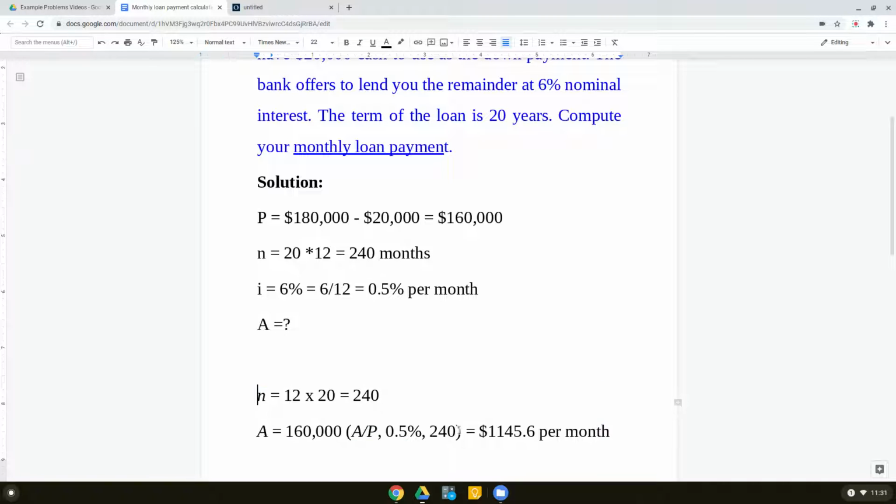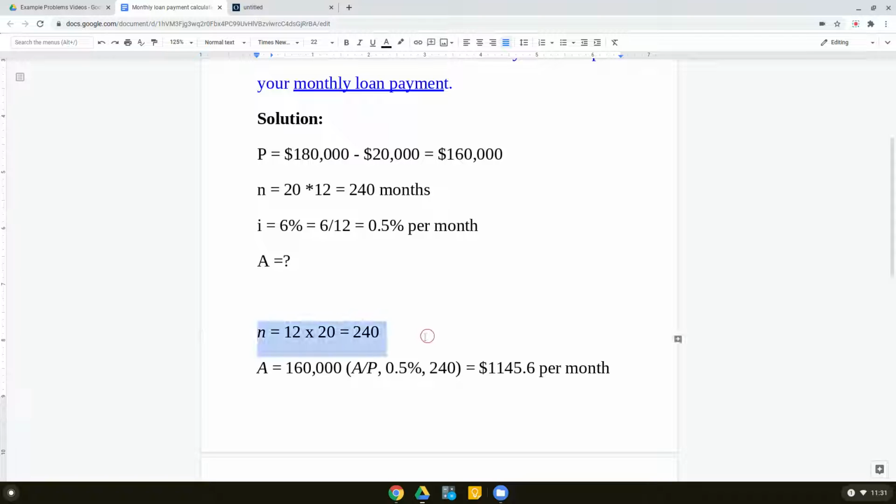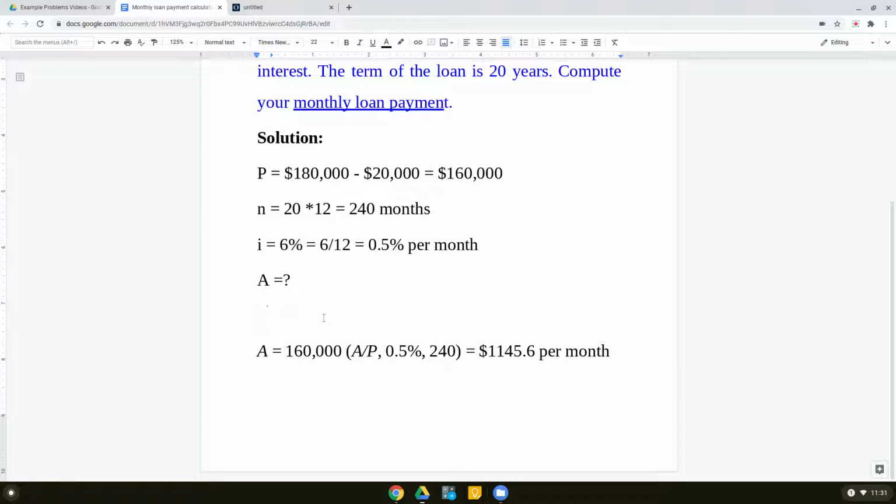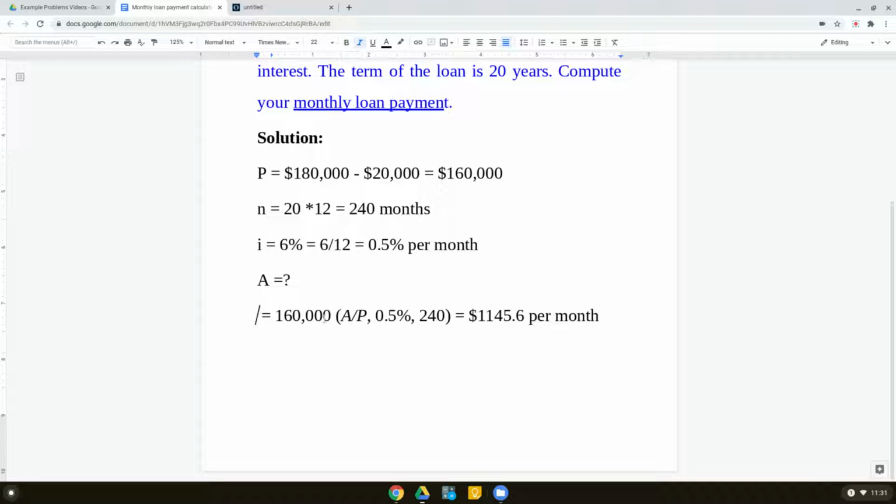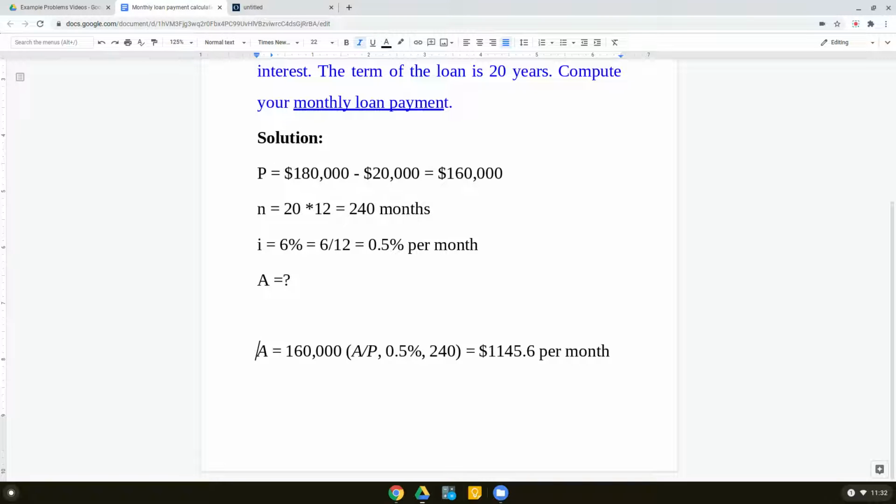I think I already have all of these calculations, so I'm not going to repeat that. I already have the formula. I want to maybe write down a simple formula that you understand, and then plug in the values.